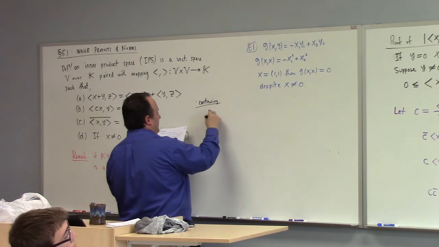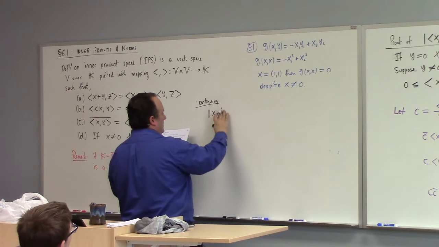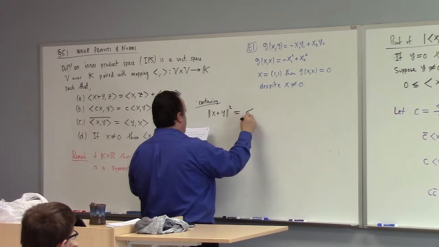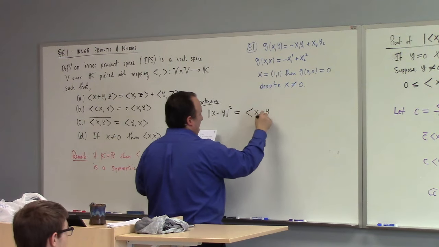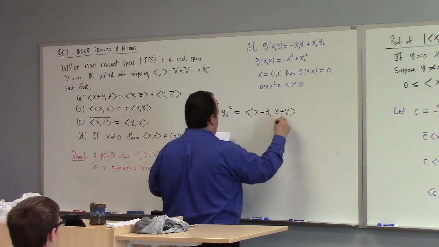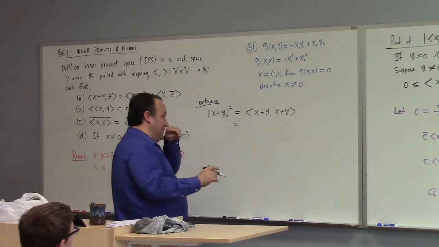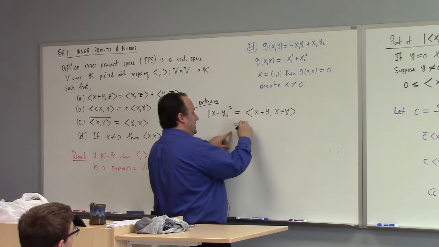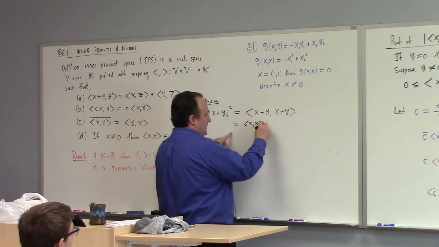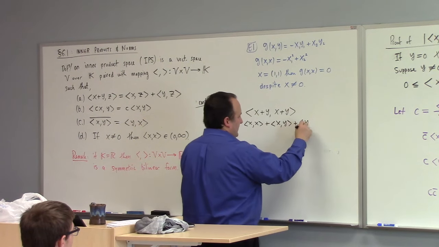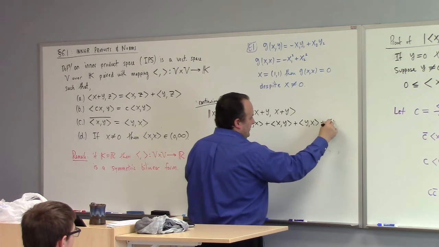if we look at the norm of x plus y squared, that is the inner product of x plus y with x plus y. Expanding out just like we did in the previous part of the proof, this gives us four terms: xx plus xy plus yx plus yy.